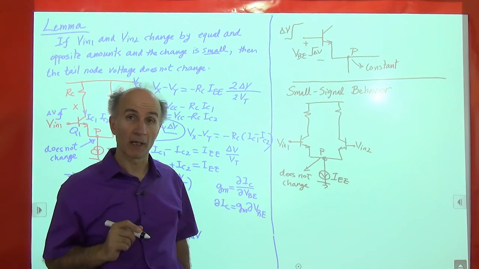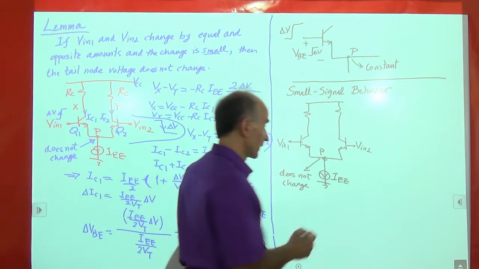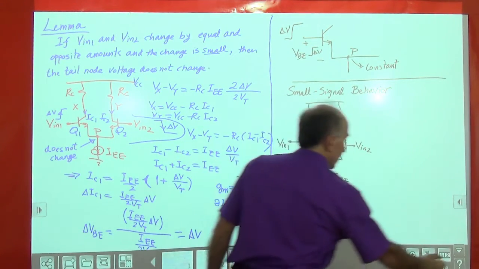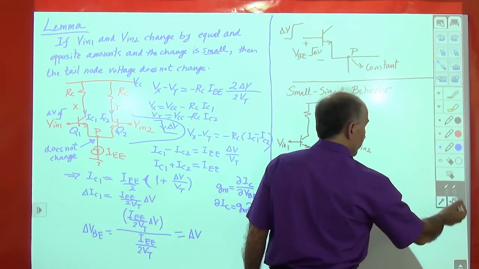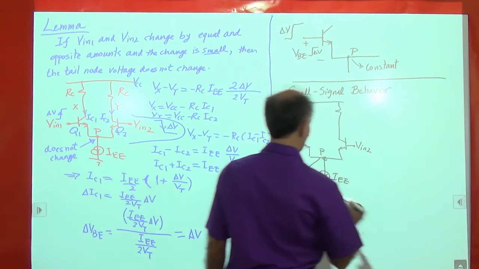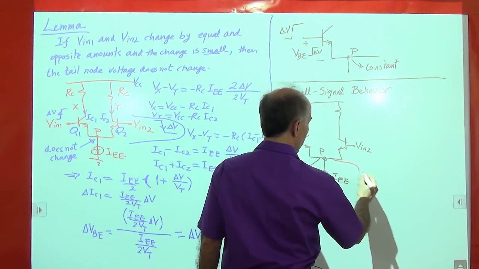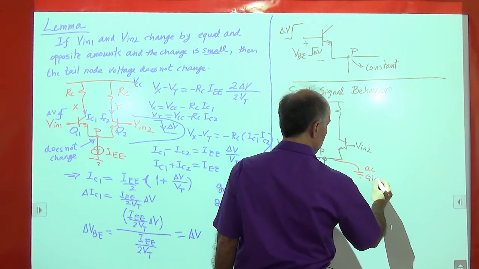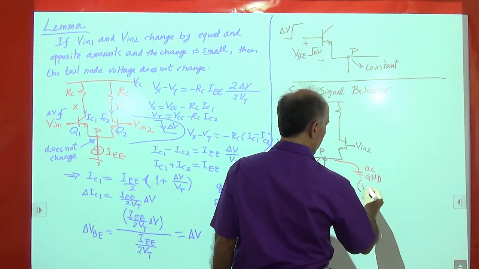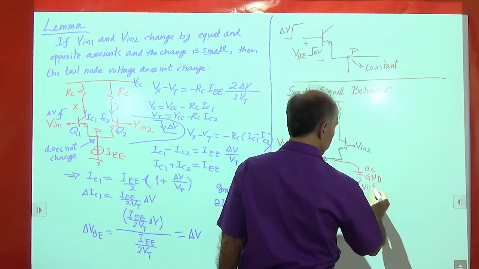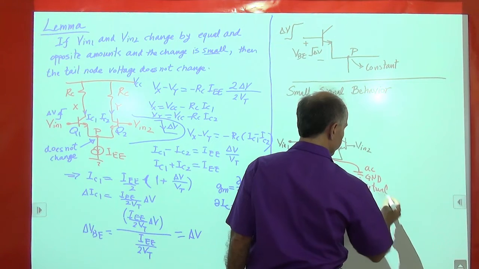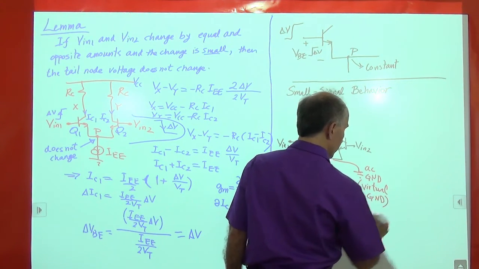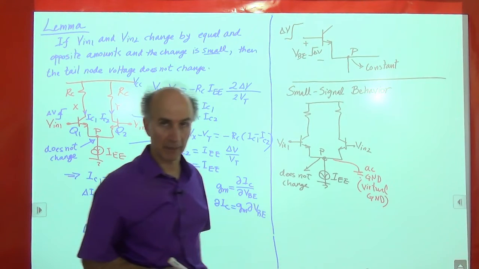We call it AC ground, right? So this node will be considered AC ground or virtual ground because the voltage does not change with time.